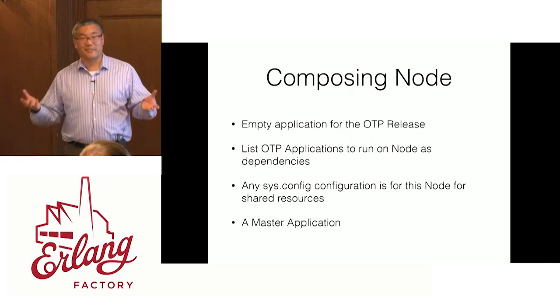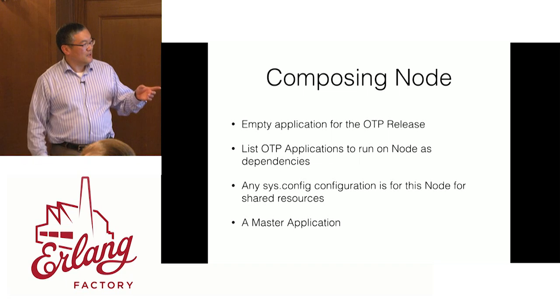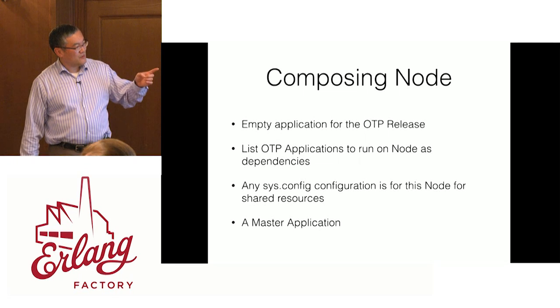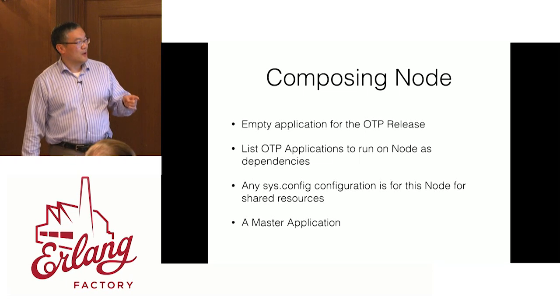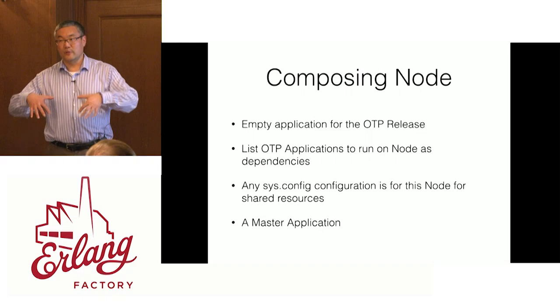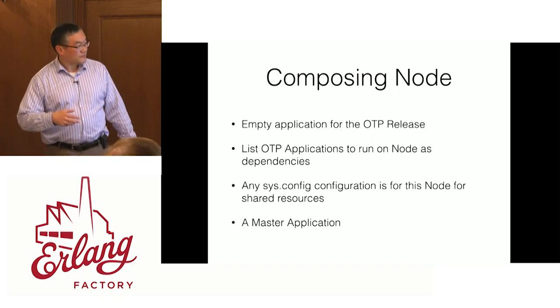So the application basically didn't do anything. But what you do is list as dependencies of that application all the applications you want to include in that node, that you want to compose into that node, right?